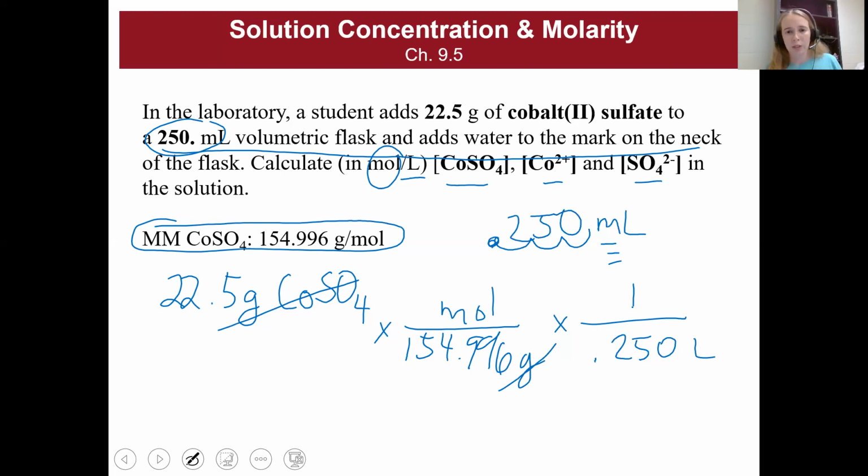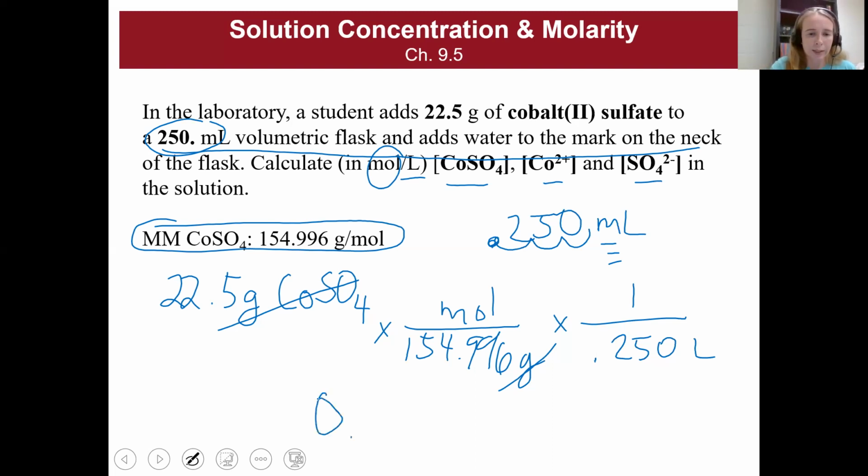Multiplying straight across the top, I'm just going to take 22.5 and divide it by 154.996 and divide that by 0.25. So you want to use the division sign twice, or put 154.996 times 0.25 in parentheses when you divide by it, because if you just put in 22.5 divided by 154.996 times 0.25, I know what you mean, but your calculator doesn't. So you have to use parentheses to help out your calculator.